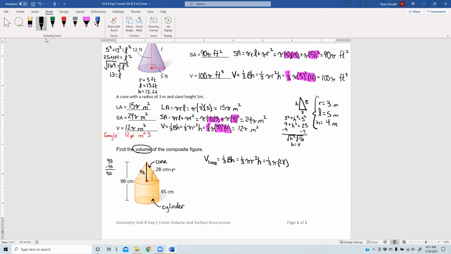So 1/3 pi, 28 squared. 45 is our height, so times 45. And then we'll type everything in but the pi. And these are some big numbers. So you'll get a big answer. It's going to be 11,760 pi.